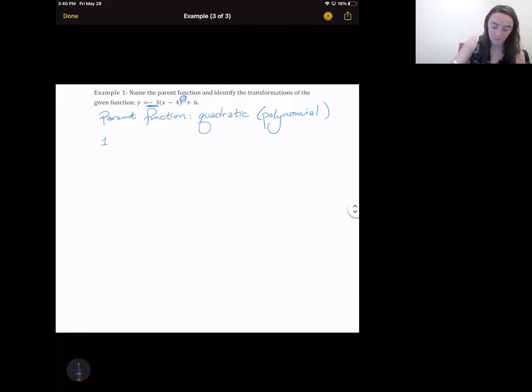So first of all, this function has a vertical stretch of a factor of 3. But also, this is a -3, and that negative indicates something else. That negative indicates that we actually have a reflection over the x-axis.